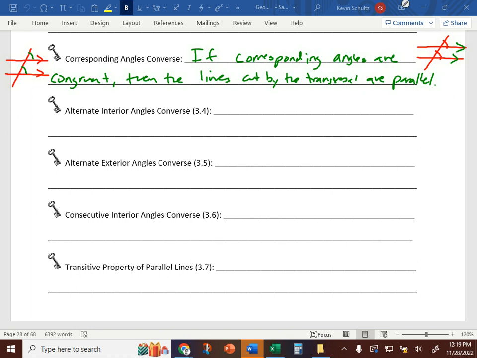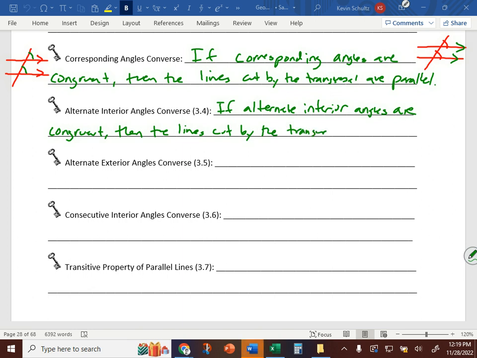Okay? The alternate interior angles converse says if alternate interior angles are congruent, then the lines cut by the transversal are parallel.